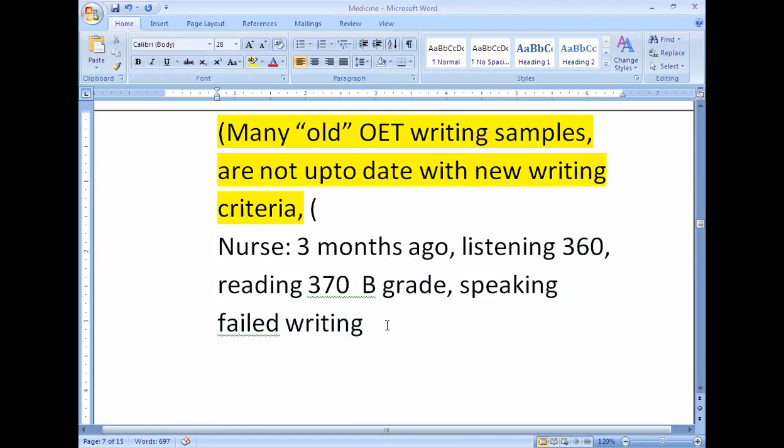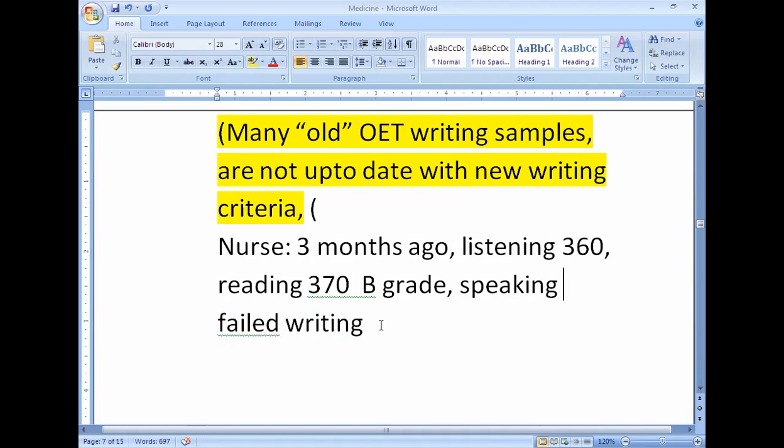She only needs to improve writing, and a little bit speaking. Maybe she got speaking 330 or 320 or 340. So she came to me and joined my course, and the first time she got 260, 270, a C in writing.